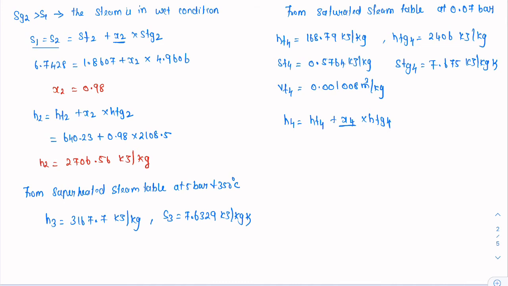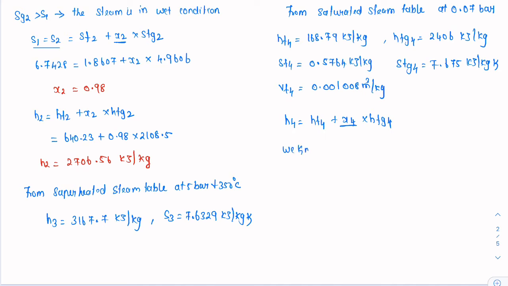We know that the value of S3 is equal to S4. Since the expansion process is taking place isentropically, the entropy at the state point 3 will be equal to the entropy at the state point 4, which is equal to Sf4 plus X4 into Sfg4. In this, we have the values of Sf4 and Sfg4; only X4 remains unknown.